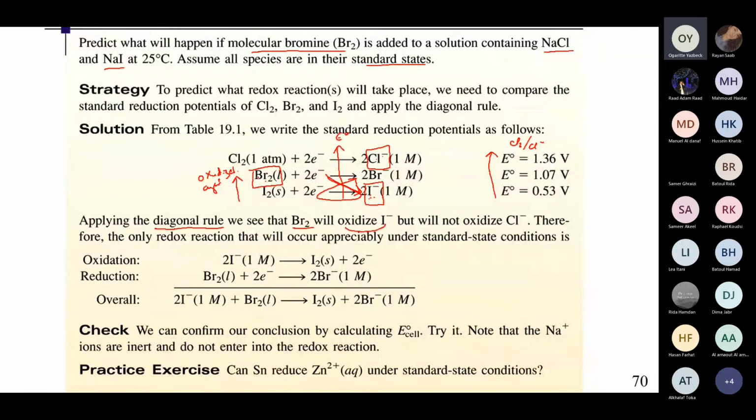It's the oxidizing agent. It will not oxidize Cl. Doctor, why can't it oxidize the Cl minus? Anti-gamma. Br with Cl is, with the diagonal rule or the gamma, this is anti-gamma. It goes upward like this.